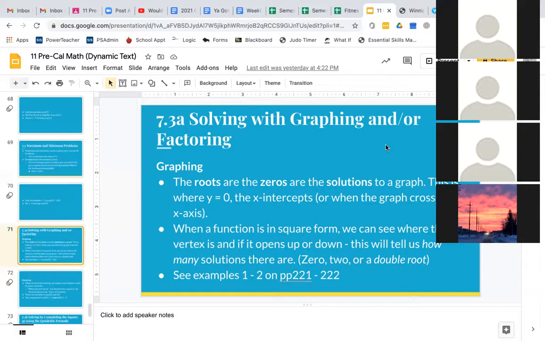The roots are the zeros are the solutions. So whatever x equals to make y equal 0, whether you do it graphically, algebraically, however you do it, it's the same thing.